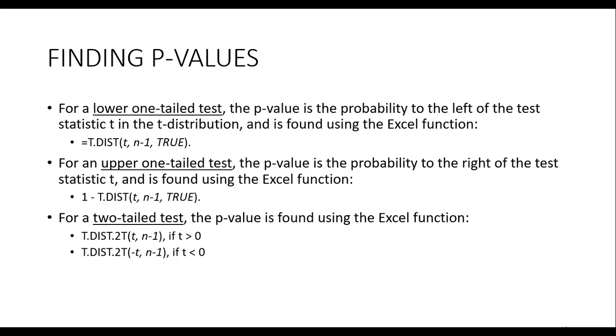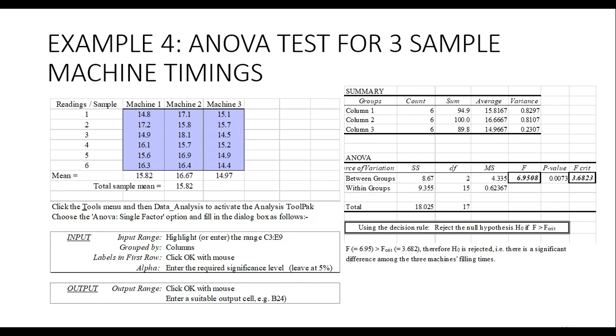But what if we have more than two samples? Suppose we have three samples. One example is there are three machines which are doing this milk filling, and we are noting down their time to fill up one bottle. So we took six samples on machines 1, 2 and 3, and we found out the mean time to fill up the bottle.